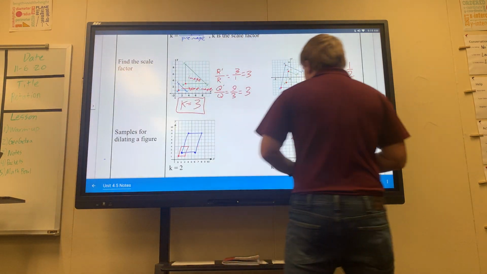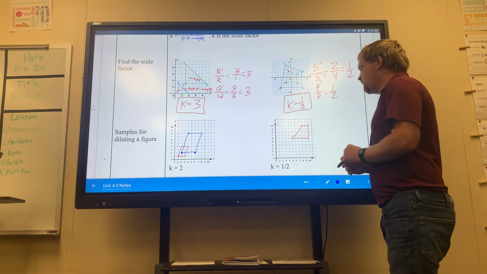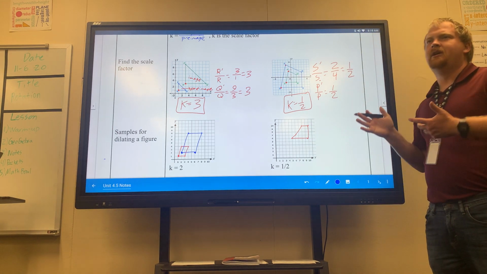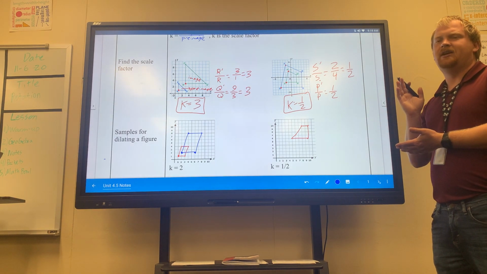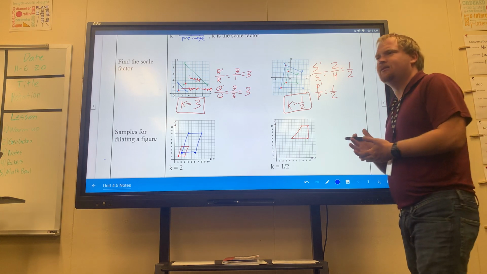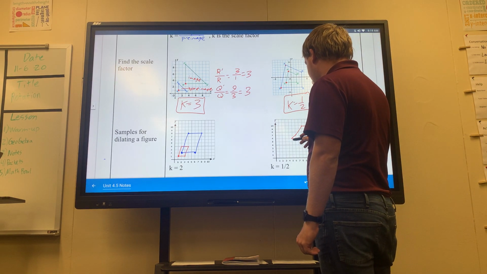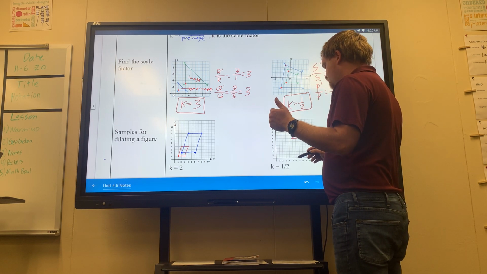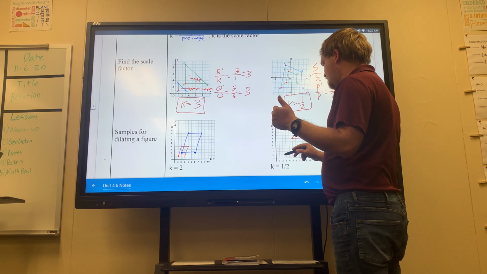Next, I have to do a reduction. So I'm looking at my points, and I got to reduce each point by 2. So I got to divide by 2, basically. For example, this is 5, 6. So I'm going to do 5 over 2, which is 2.5, and then 6 divided by 2 is 3.